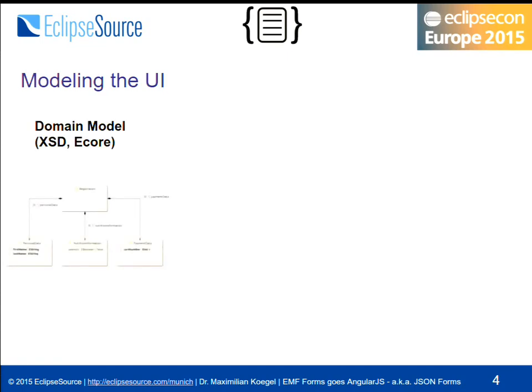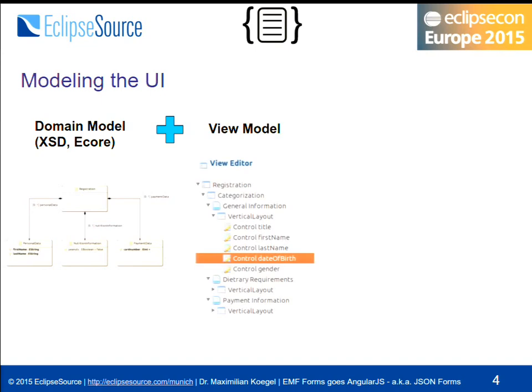So the general idea is that you have what we call a domain model that models how your data looks like. In EMF Forms, we use EMF for that, so you can have an XSD or an eCore describing how your data looks like. We add something that we call a view model. I'm going to go into detail what that exactly is, but basically it describes how you map the properties from the domain model onto a form-based UI.